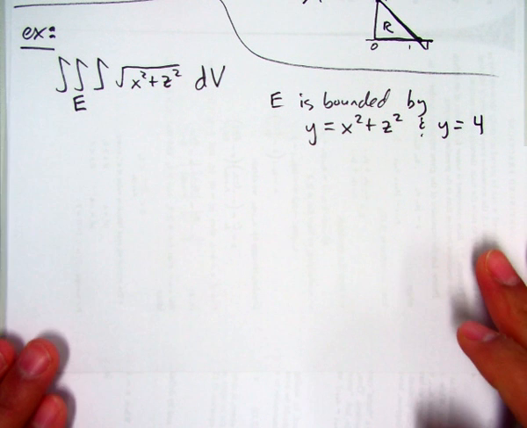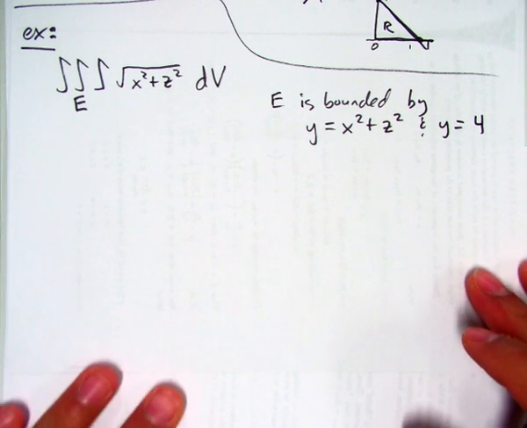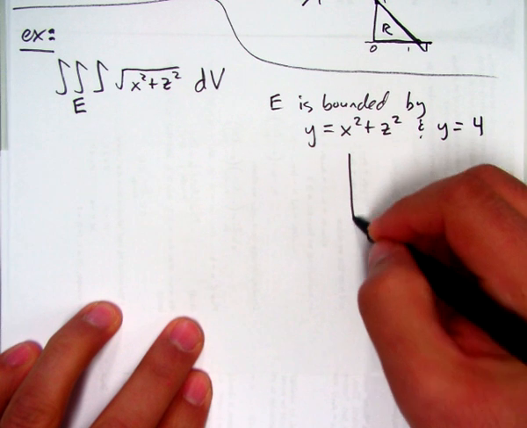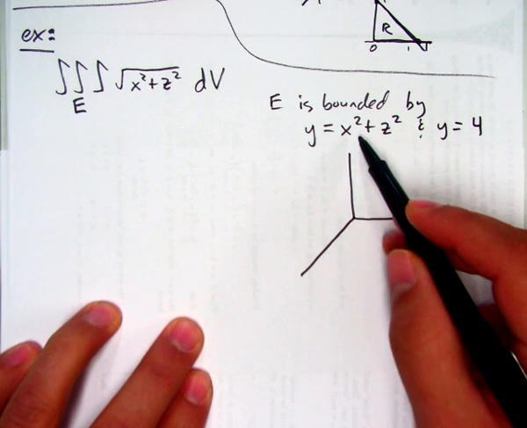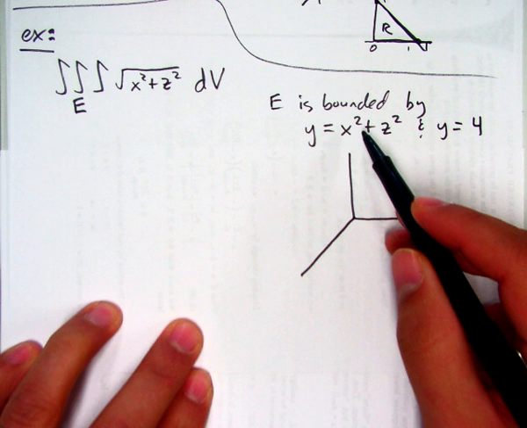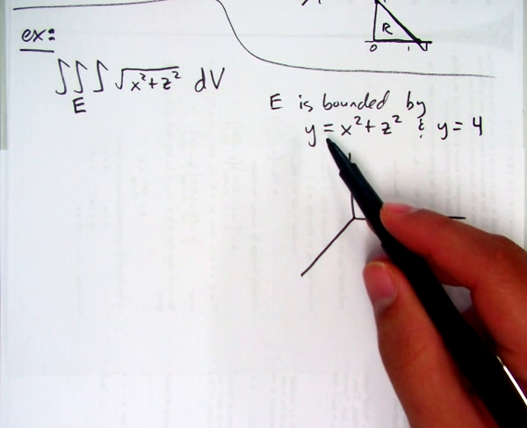You've got to remember some of your graphs. If you have a hard time, think about the normal z equals x squared plus y squared. It's not a cone, it's a paraboloid opening up.